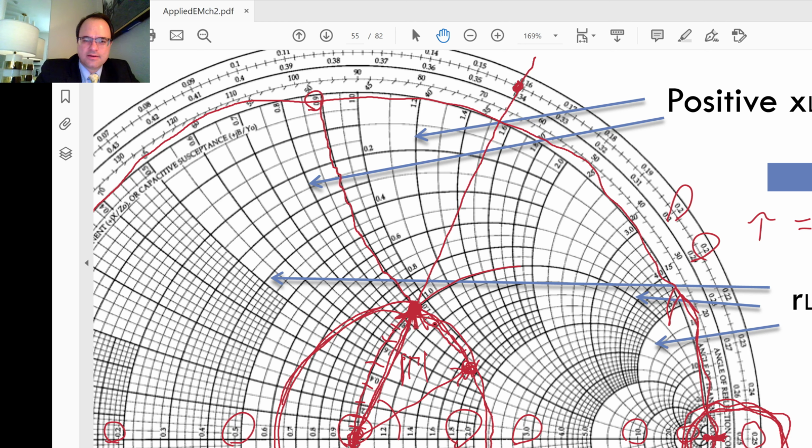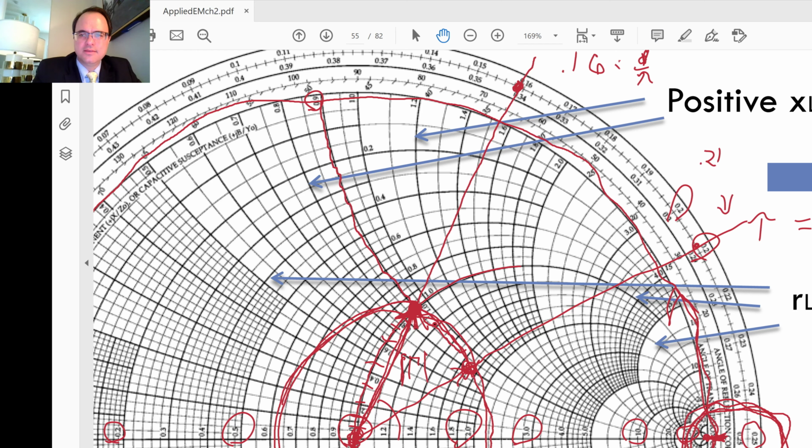And then we determine this value here, and that is 0.208. So let's just call it 0.16 d over lambda, and this point right there is 0.21 d over lambda.